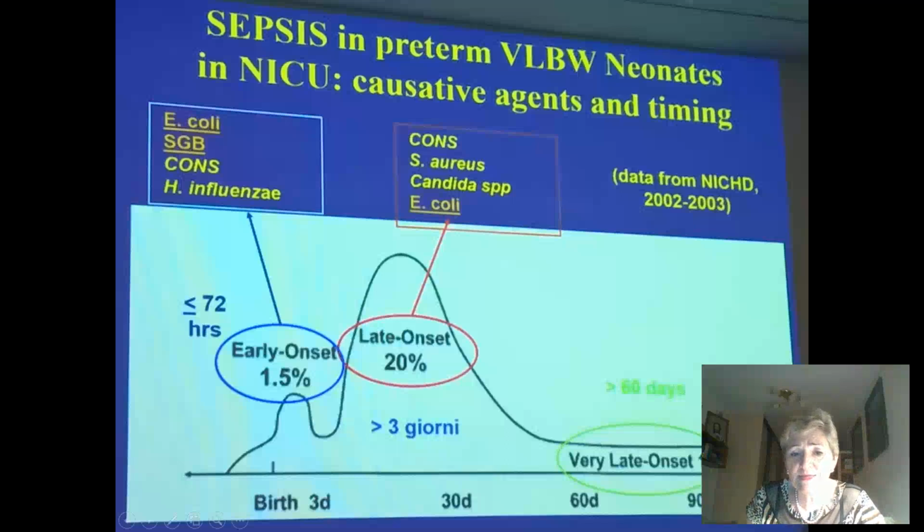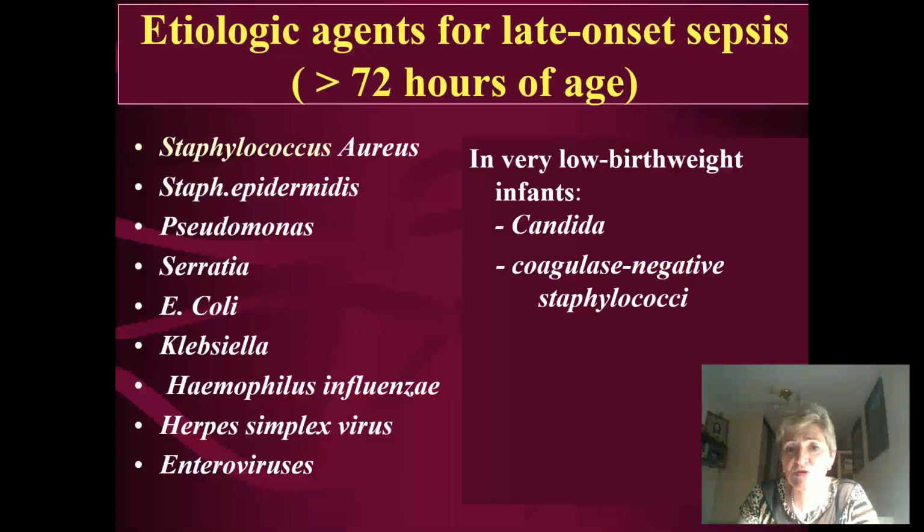Late onset sepsis appears after more than 72 hours. The main etiologic agents are, in first place, coagulase-negative Staphylococcus, Staphylococcus aureus, Candida, and Escherichia coli. And very late onset sepsis appears after more than 60 days, which may be associated with this infection.